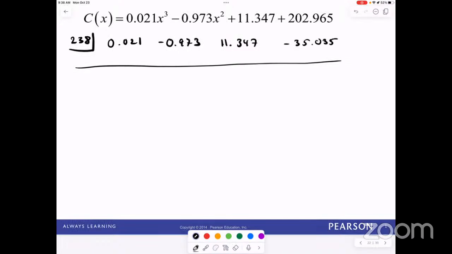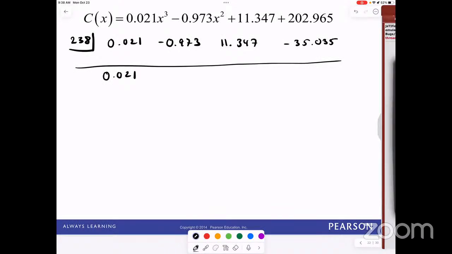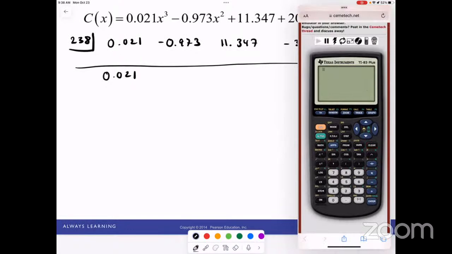So the 0.021 comes down. What's 238 times 0.021? Let me just use my calculator. 238 times 0.021. We get 4.998. And then we're going to say minus 0.973, which gives 4.025.